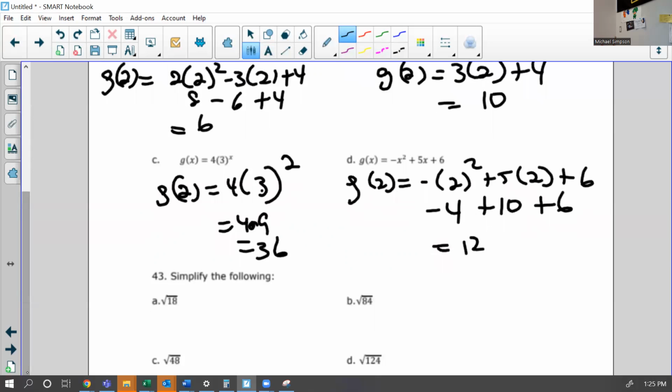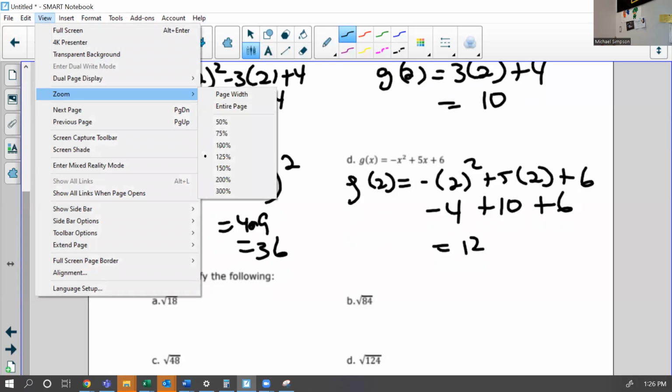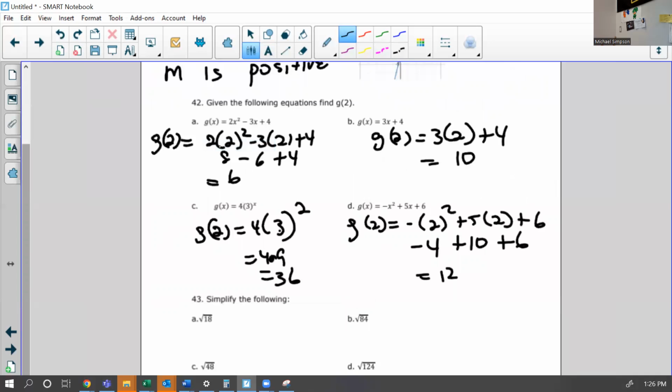All right. Can I scroll down a little bit? This thing's in the way. Okay, let me move my taskbar, guys, so we can get to our. Do I make it smaller? Will it show up? View, zoom, 100? Nope. I got to move the taskbar. It's in the way.